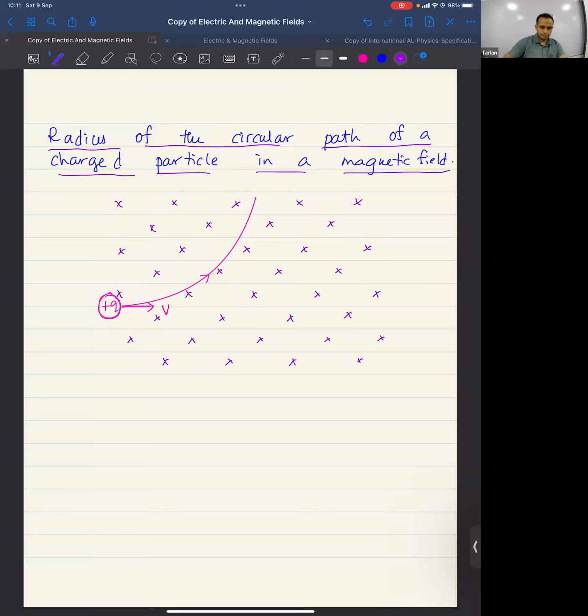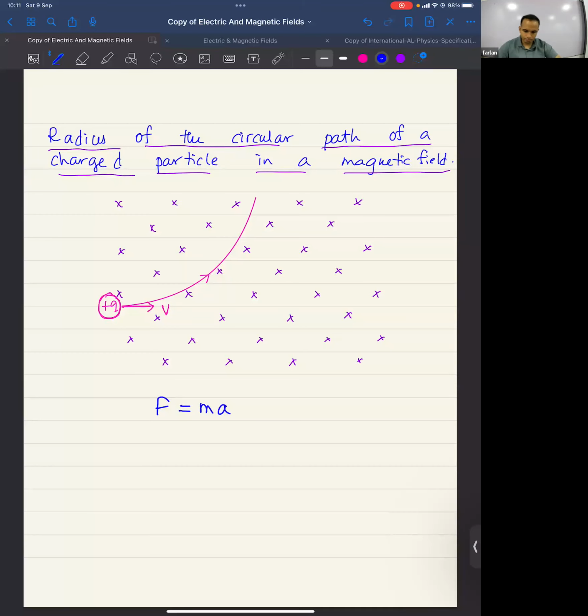Now, guys, a charged particle, when it enters a magnetic field, has a circular path. So I'm going to come up with an equation for the radius of this. Now, I'm going to use F equals ma for this particle, which is moving in the circular path.